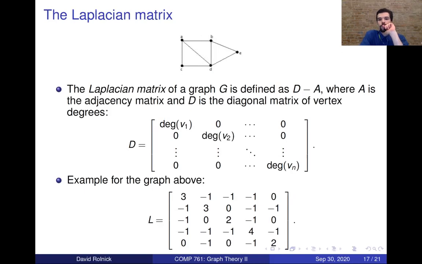What happens, for example, if you sum up all the columns? If you sum up all the columns, there's 0. Because there are always 3 negative 1s here and 1 3. Or 2 negative 1s here and 1 2, because the degree is just the number of things that are negative 1 in that row.